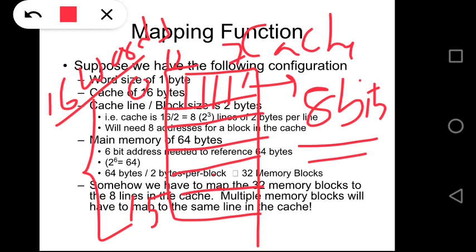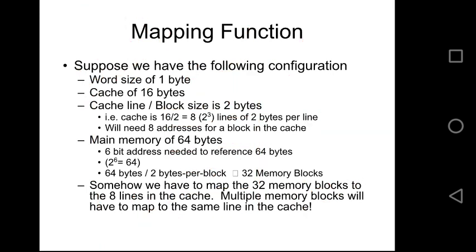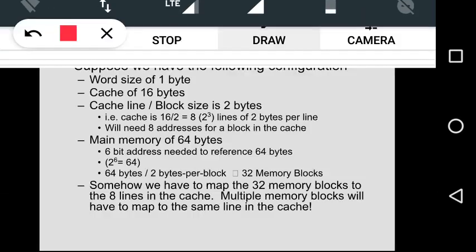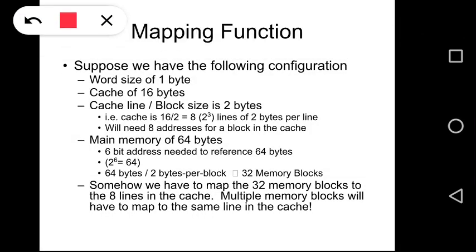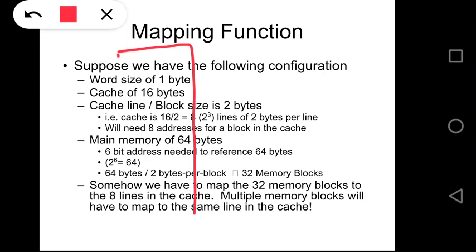Now cache line or block size is 2 bytes. That means k is equal to 2. You are grouping two words of size 1 byte into one block. So tell me how many blocks the cache contains. Let's assume this is my cache.